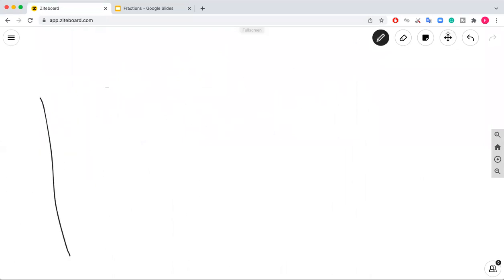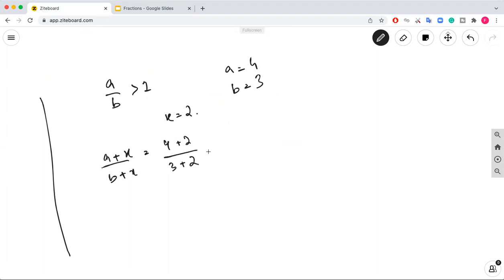For an improper fraction, our a over b will be greater than 1, right? So let's consider a as 4 and b as 3, right? So again, let's consider a positive integer 2. And if I add x in both a and b, this will be 4 plus 2 and this will be 3 plus 2, right?